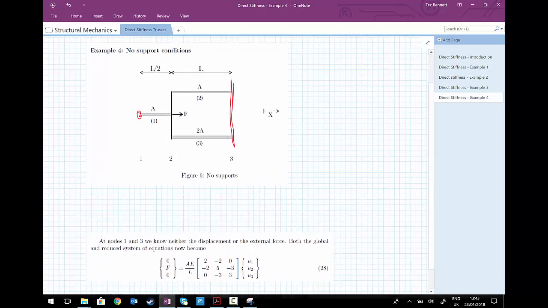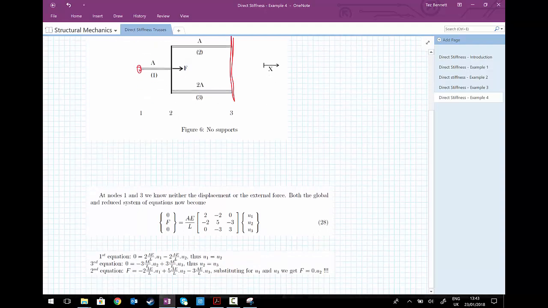At nodes 1 and 3, we know neither the displacement nor the external force. So both the global and the reduced system of equations need to be changed, and we get a full system of equations with unknowns u1, u2 and u3, and we have no external force at F1 and no external force at F3.